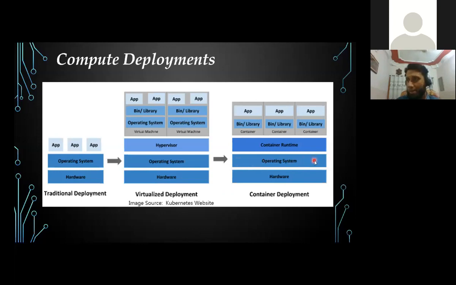Then we install an operating system, Linux or Windows, and then we install one more piece of software, the container runtime. It could be Docker or Rocket or whatever, but we will focus on Docker here.